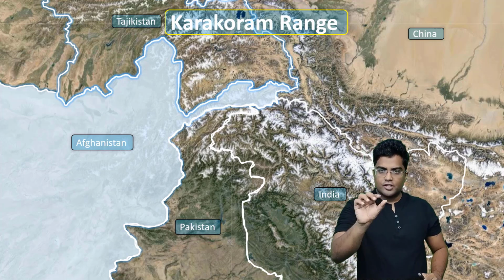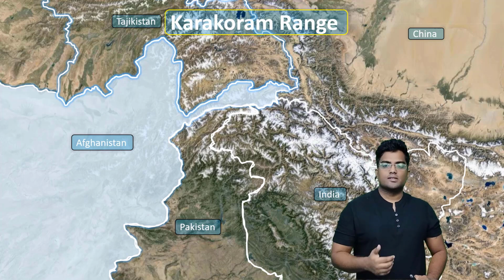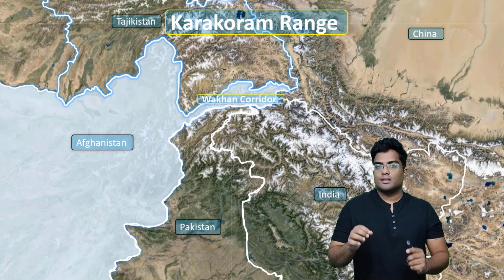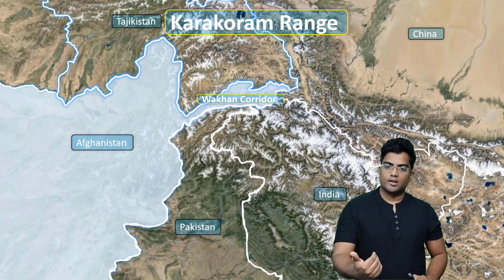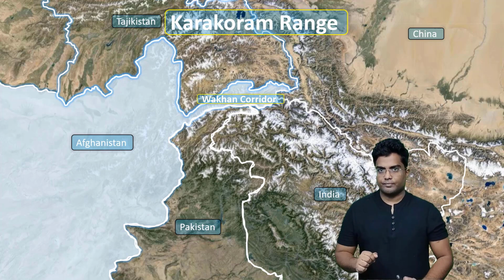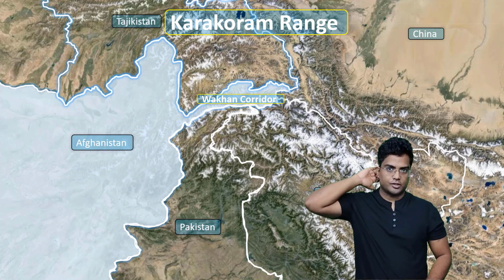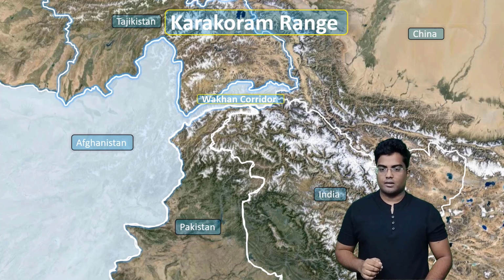A small neck-like structure. So what is this neck-like structure called? This structure is known as the Wakhan corridor. It's between Pakistan and Tajikistan, essentially part of Afghanistan. A very important substructure, right? This is essential to understand.